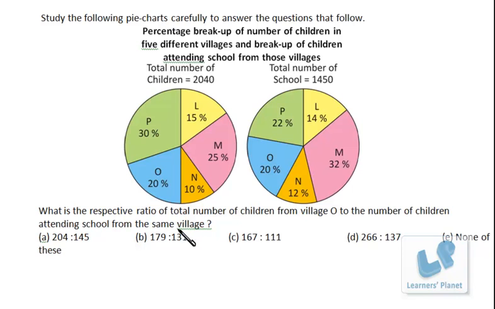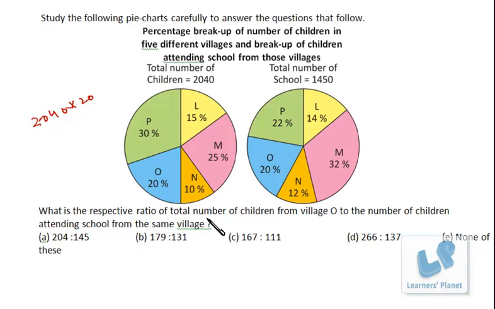What is the respective ratio of total number of children from village O to the number of children attending school from the same village? Now, 2040 is the total population of children, and from village O it is 20%.